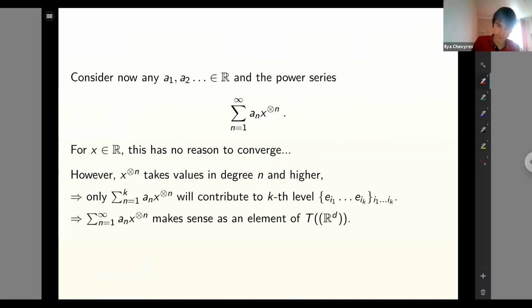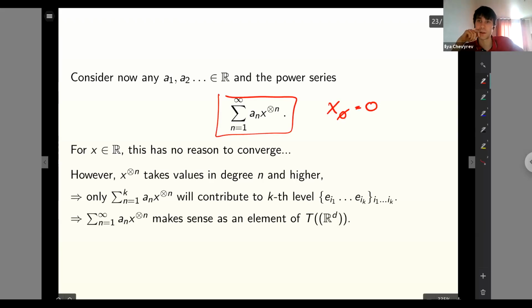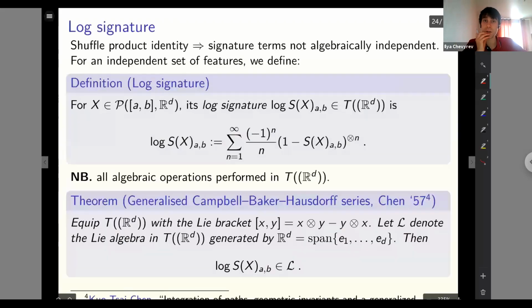So provided that x of the empty word is equal to 0, an arbitrary power series of this type always made sense as an element of the space of formal series. This allowed us then to define the so-called log signature as a power series of the usual signature.